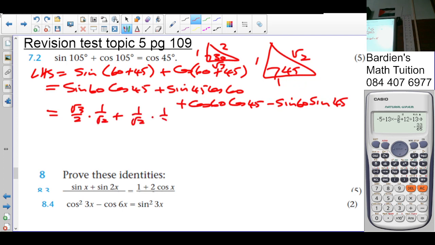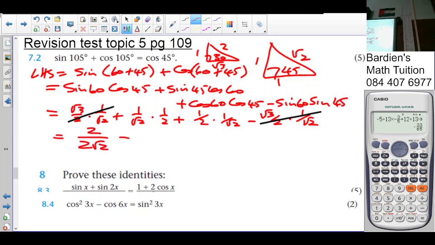Cos of 60 is 1 over 2, plus cos of 60 is a half times 1 over root 2, minus cos of 60 is root 3 over 2 times 1 over root 2. So I'm looking to cancel somewhere. Yes, definitely cancels. So that is 1 over 2 root 2 plus 1 over 2 root 2, which is simply going to be 2 over 2 root 2, which is 1 over root 2 or root 2 over 2.